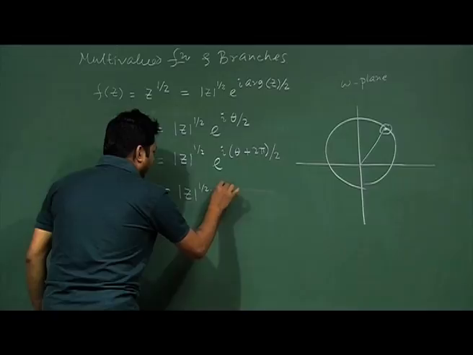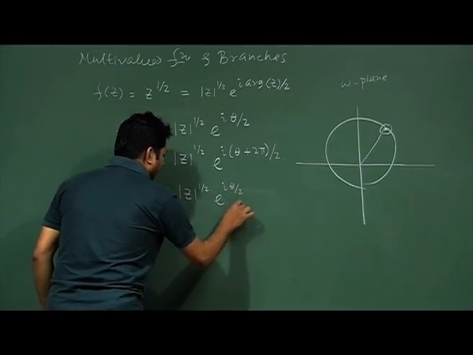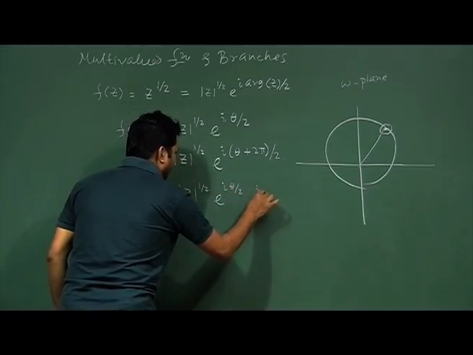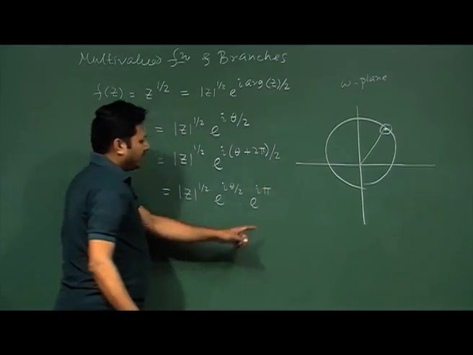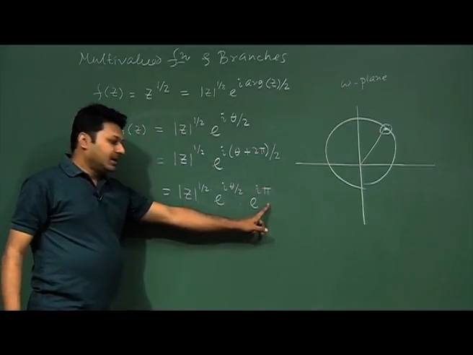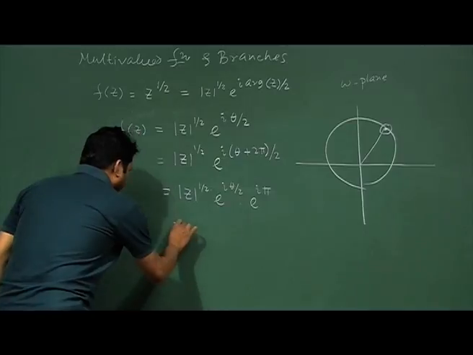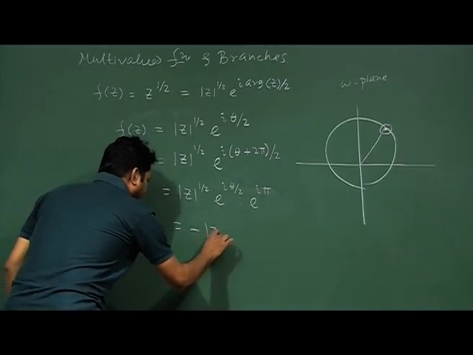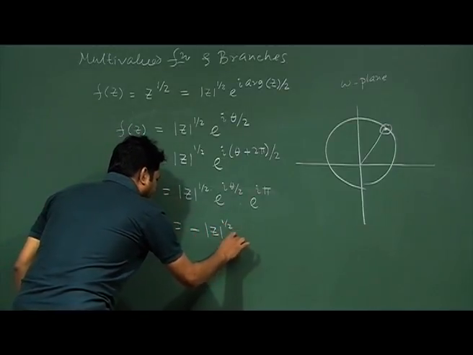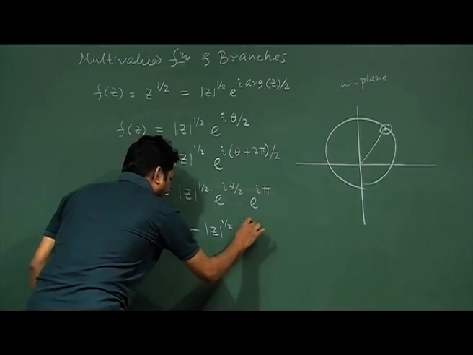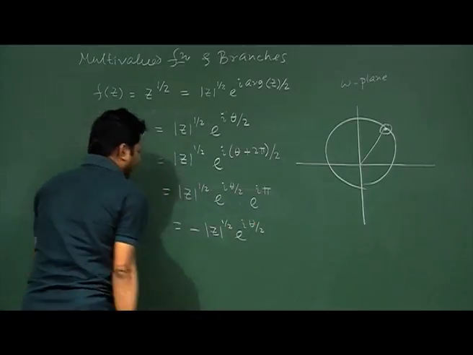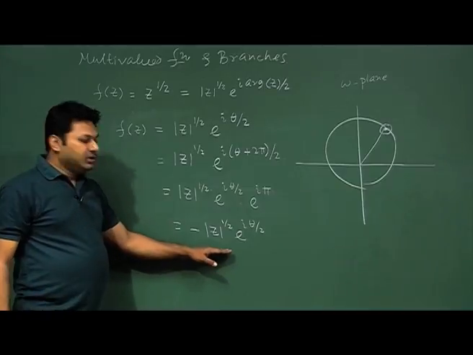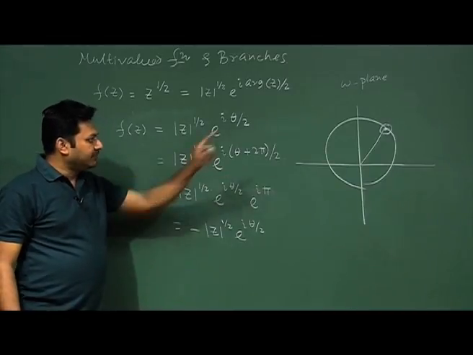It is e to the power i theta by 2 multiplied by e to the power i pi. E to the power i pi is essentially minus 1. So, minus of the earlier value is a new value that I have for the same z.